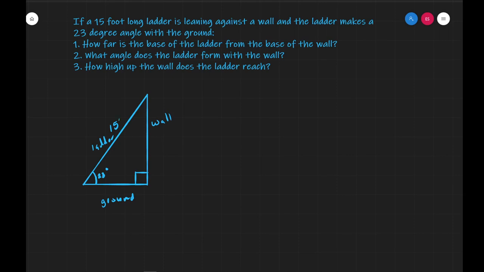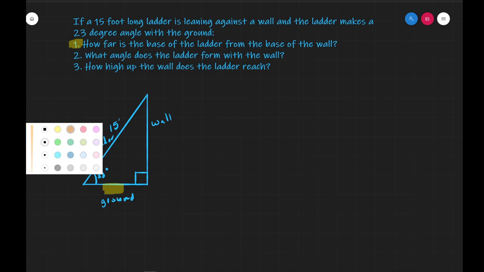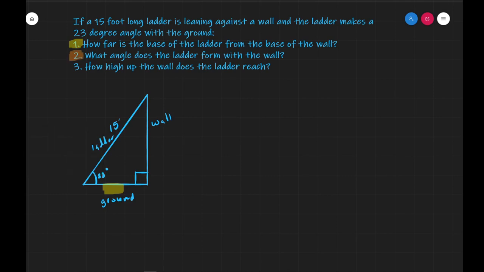Okay, so we have three questions that we're going to try to answer. Question one, which is how far is the base of the ladder from the wall? So we're trying to find this space here. Question two, what angle does the ladder form with the wall?